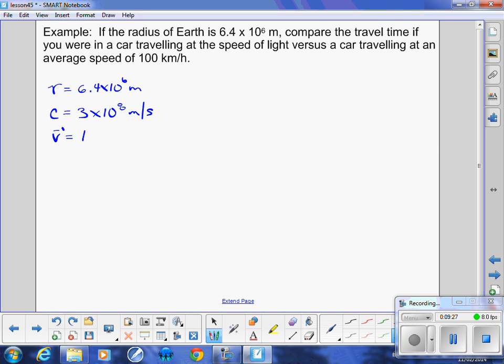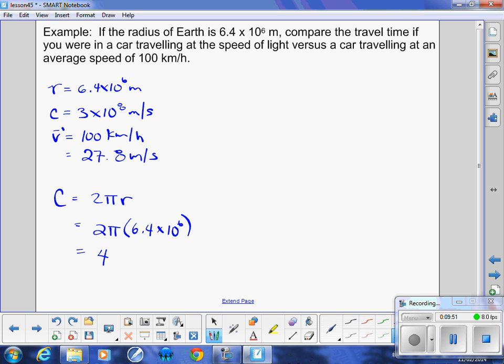Our velocity of the car, 100 kilometers an hour, translates to, let's call it, 27.8 meters per second. For those that don't remember, circumference is 2 pi r. So 2 pi times 6.4 times 10 to the 6th. Let's go with approximately 4 times 10 to the 7th meters as the circumference of the planet.